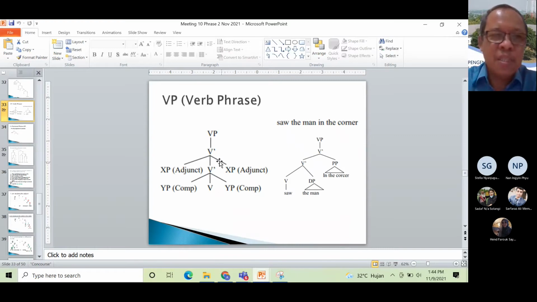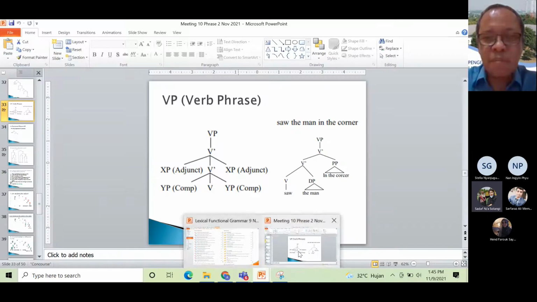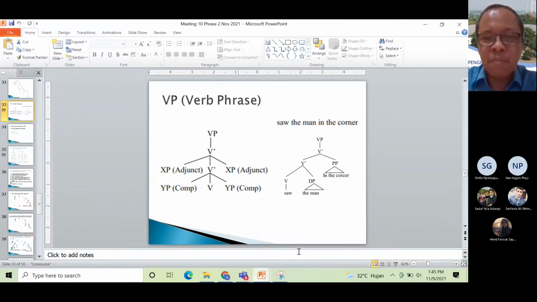All right, this is the way we make a phrase structure tree for X-bar theory. Sir, I have a question. There are two V bars. From one V bar we have to take out the branch of adjunct, and in the other V bar we have to take out the branch of complement. Is it so?